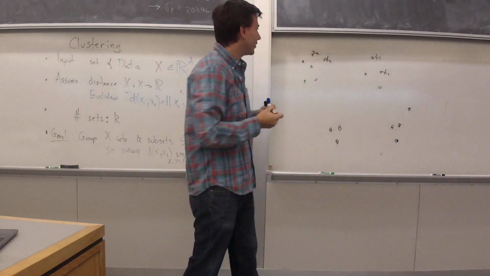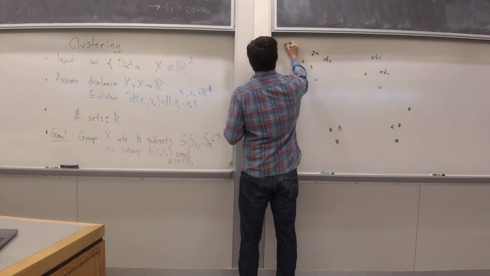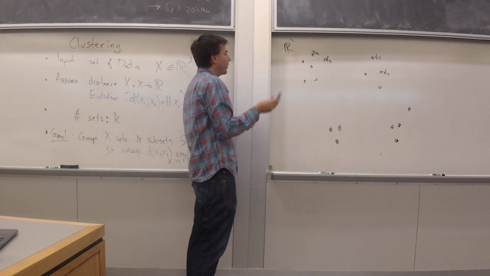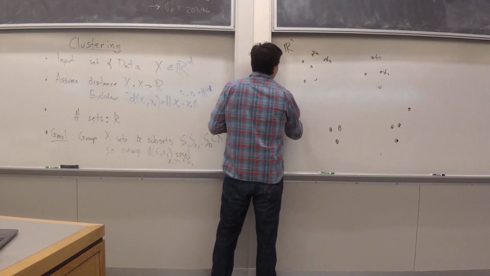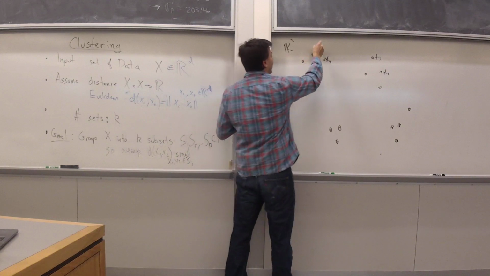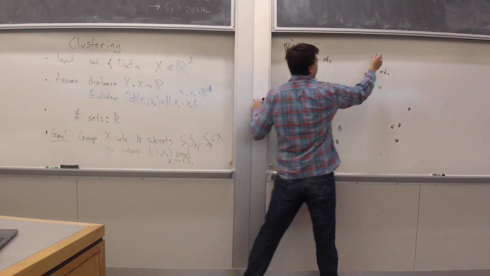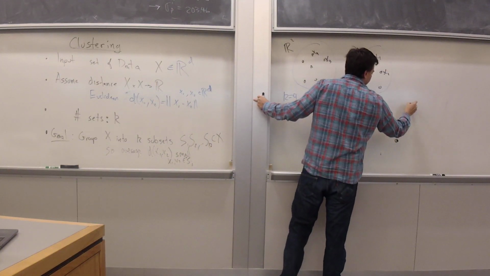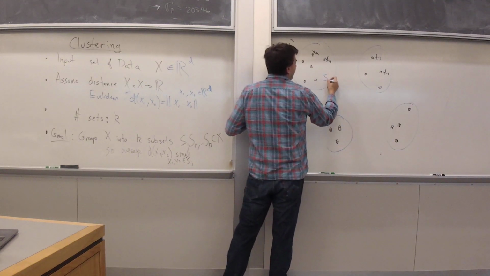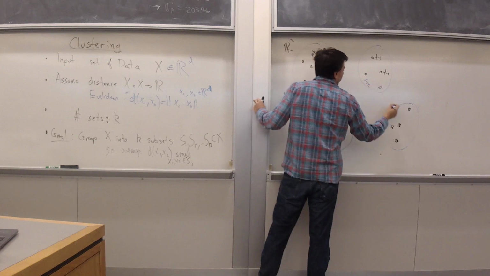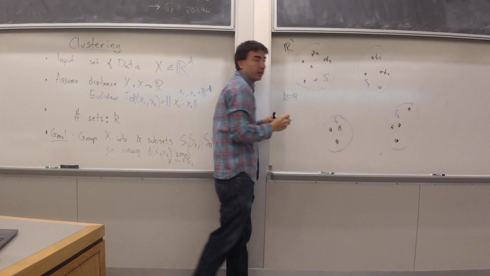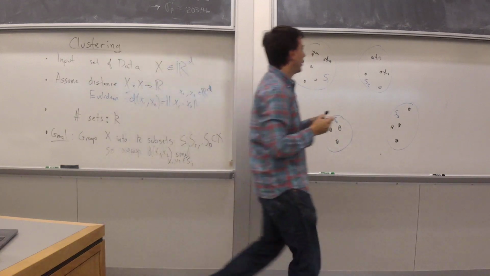So this could be my data set. This is going to be in R2. And then if I'm given a value of k equals 4, then probably what I would like to do is to kind of group them into these sets, where this set is S1, S2, S3, and S4.